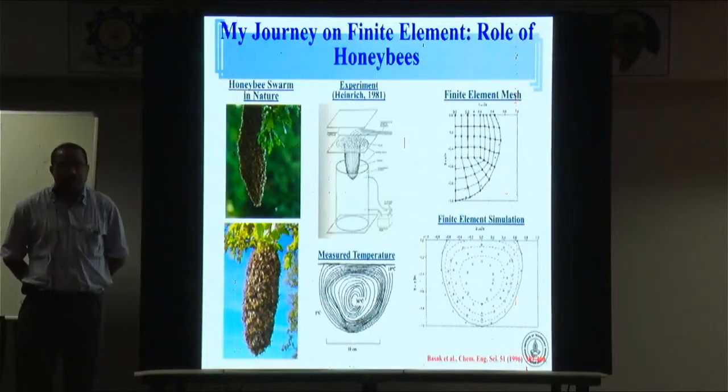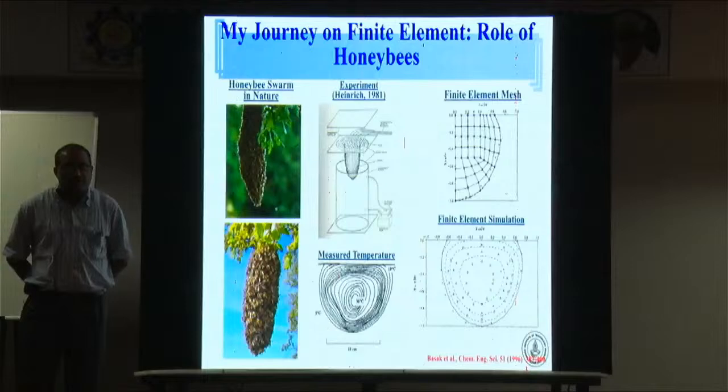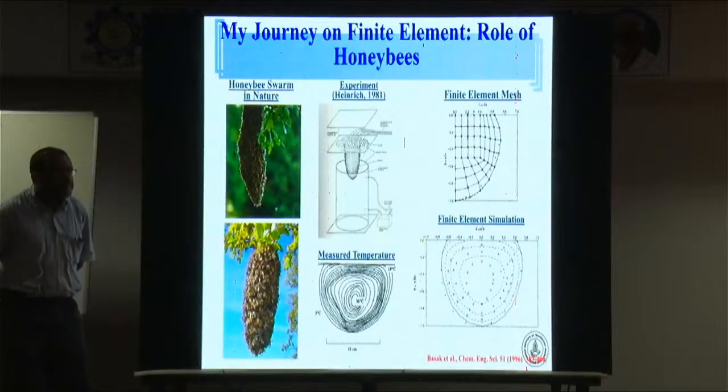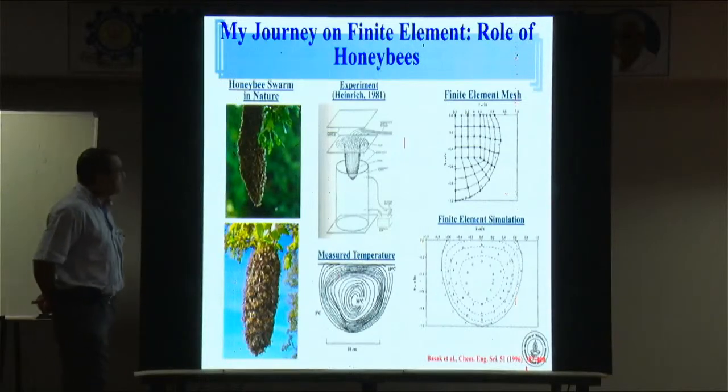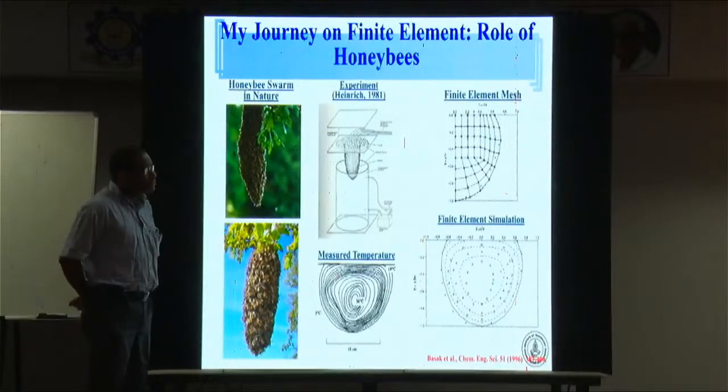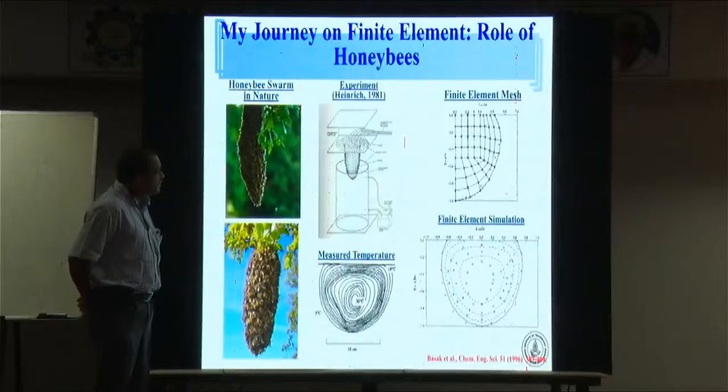Sitting in Chennai, Tamil Nadu, we cannot even imagine minus 30 degrees, because here our temperature is 30 to 40 degrees, and 40 plus in summer. But I survived in minus 30 degrees centigrade. Now, how does the honeybee survive? This is a picture of a honeybee swarm, a cluster of honeybees.